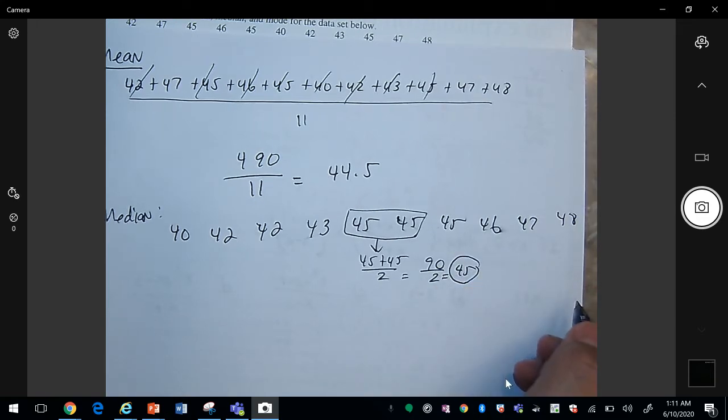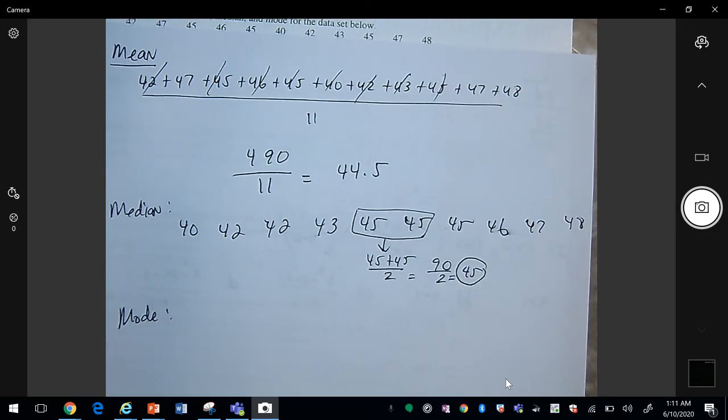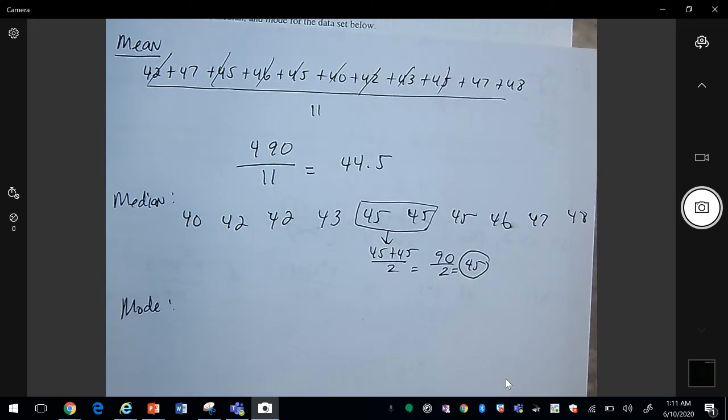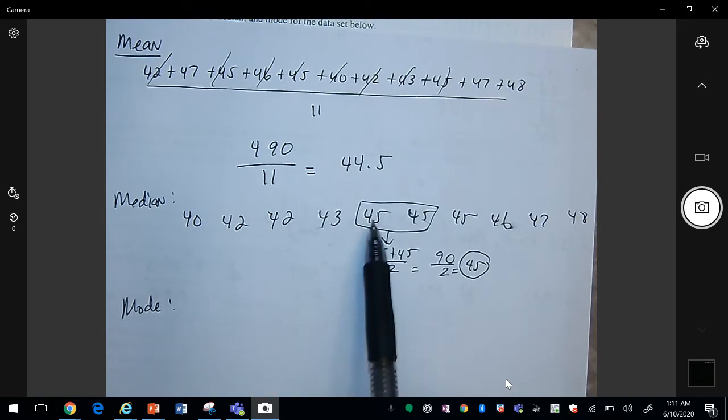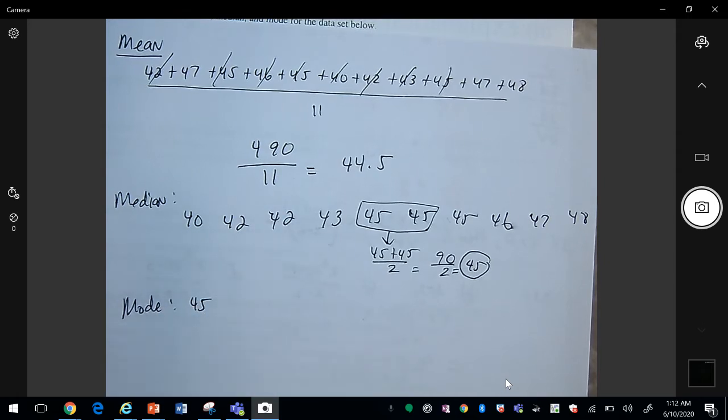So my median is 45. The mode is the number that appears the most. In this case, we can see that 45 appears the most. So that's going to be your mode.